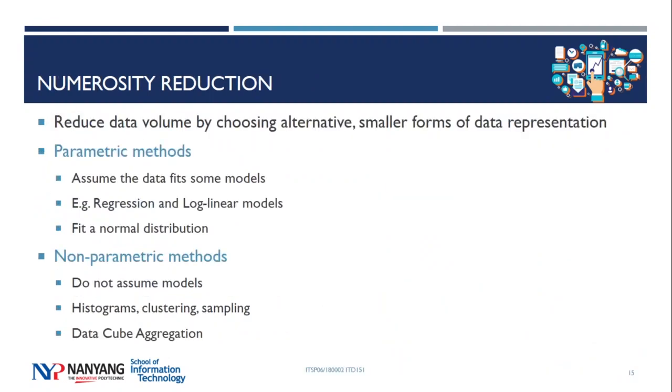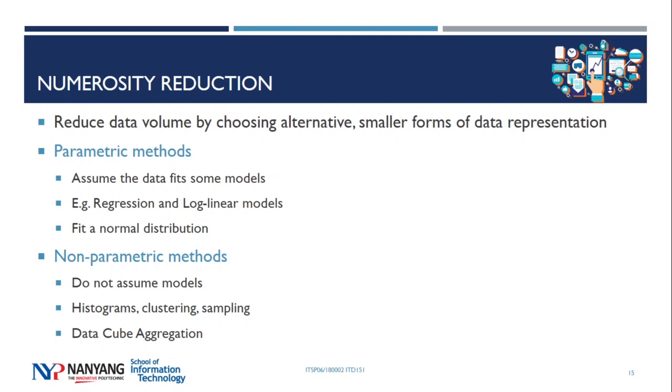So one way to reduce the data is to fit them to certain models. There are methods that can be used to describe the data. Down here we have two different types of methods for modeling the data.